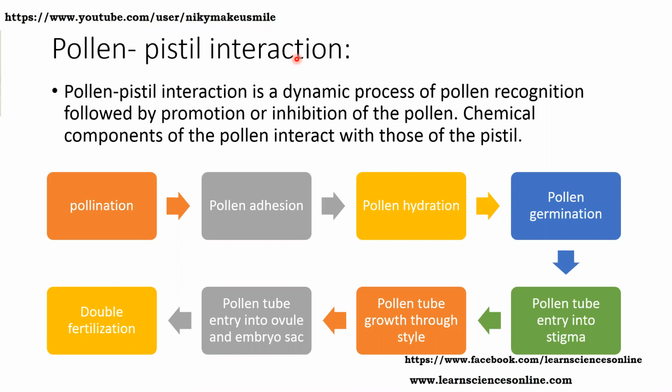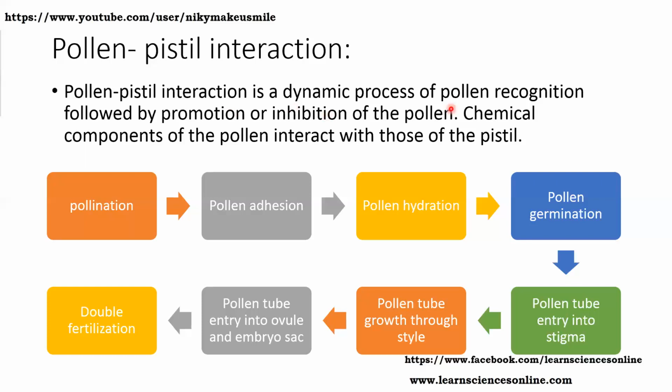So pollen pistil interaction is a dynamic process of pollen recognition followed by promotion or inhibition of the pollen. What is promotion or inhibition? If the pollen grain is recognized by the pistil, then it will be promoted to germinate on the surface of the pistil, and if it is not recognized by the pistil, then it will be inhibited.